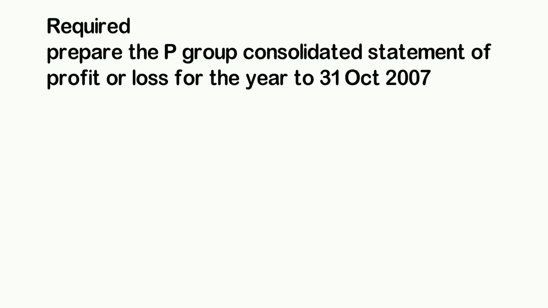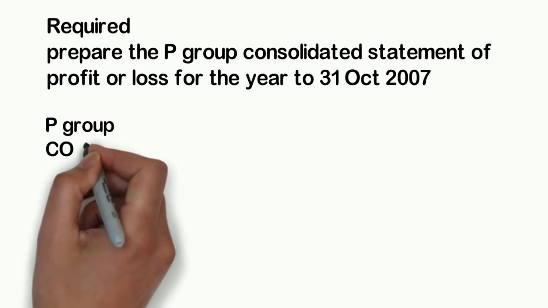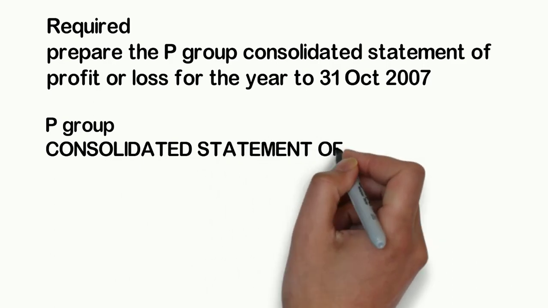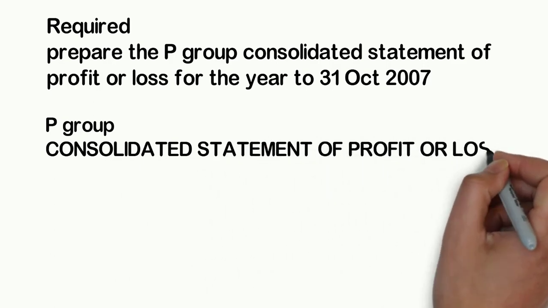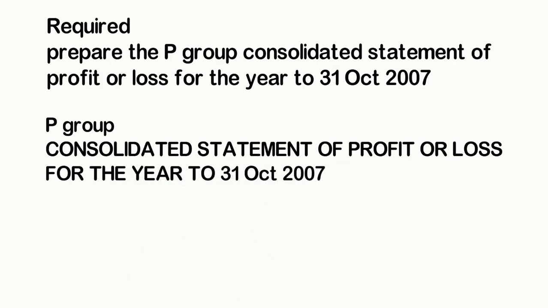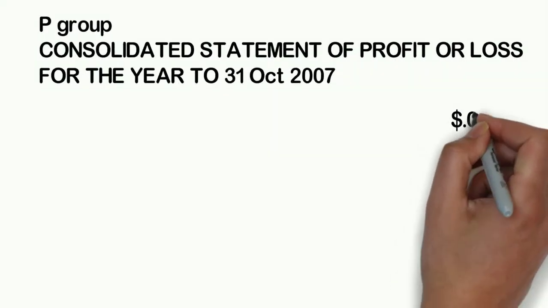Now let's see how to solve the question by following the structure discussed above. For simplicity, all figures are in thousands. First of all, add up the items of P and S line by line.